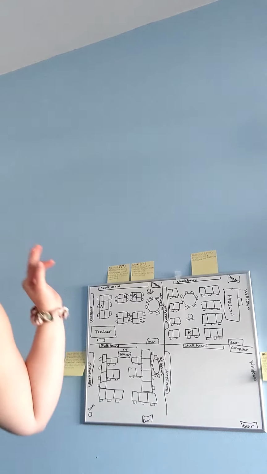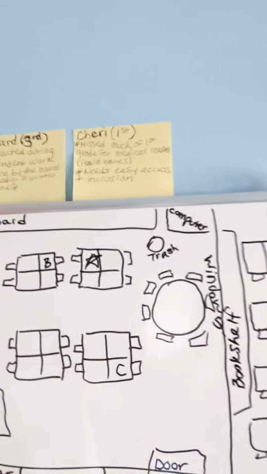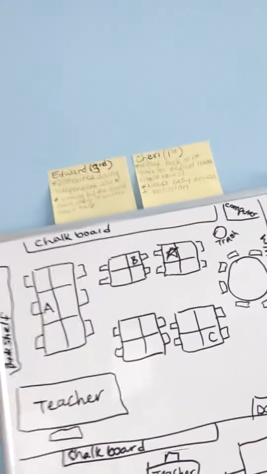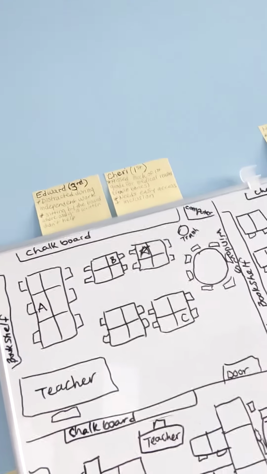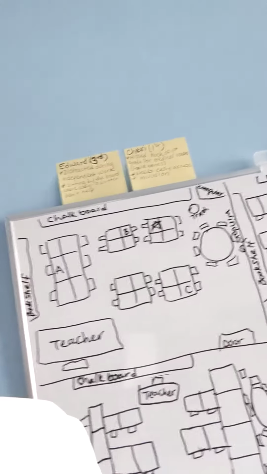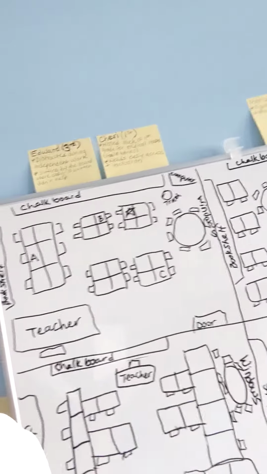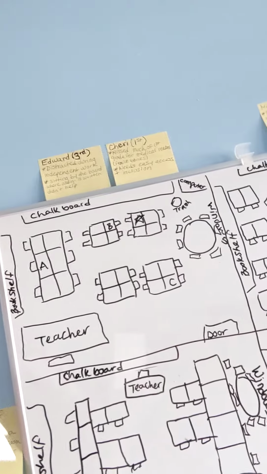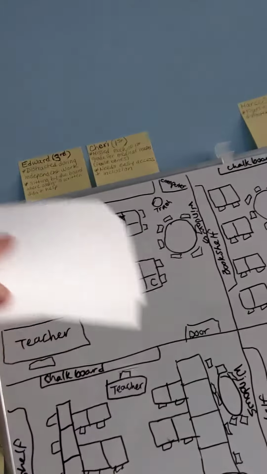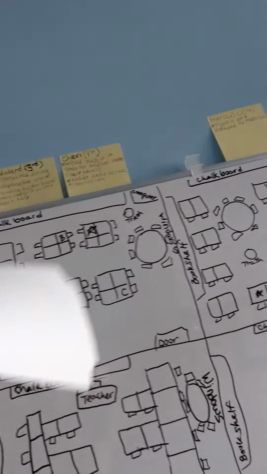So the first example is Edward in third grade. He is seated where the star is in this first diagram. All of the diagrams have the simple setup of the teacher's desk and the circle desk and the bookshelf and the windows and the chalkboard and the computer in the corner.